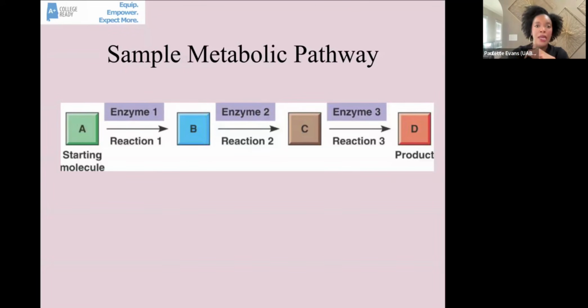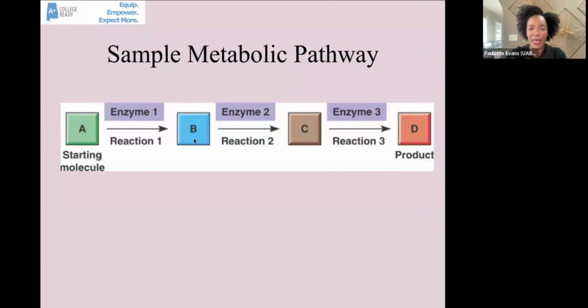Literally how that happens, most often, is start molecule A fits into the active site of enzyme 1. Enzyme 1 is the house of the reaction, so it helps lower the activation energy and make the environmental conditions conducive for the reaction to occur. And then what comes out of the active site of enzyme 1 would be product B.